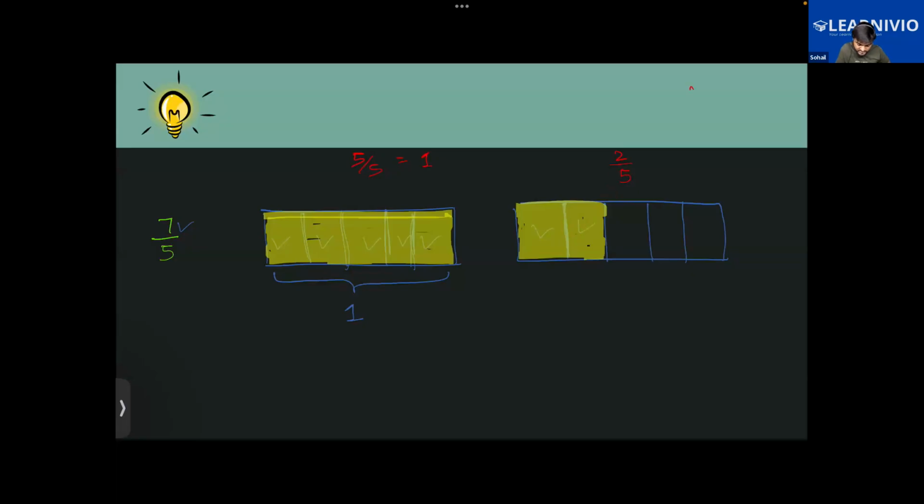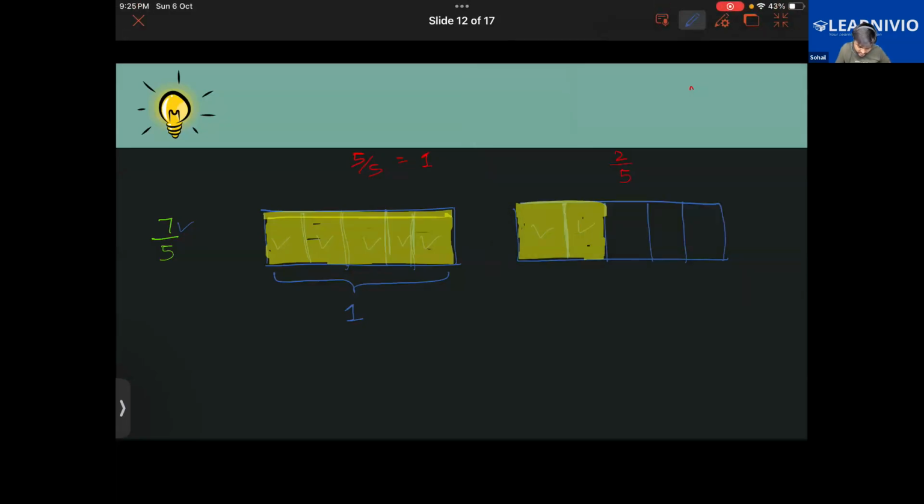So can't we write this one as simply 2 upon 5? Understood it, Habib and Sumaya both. So 7 upon 5 is the same as 1 plus 2 upon 5. And 1 plus 2 upon 5 will give you 1 2 upon 5. Getting the concept or not? So that is how we have converted this.